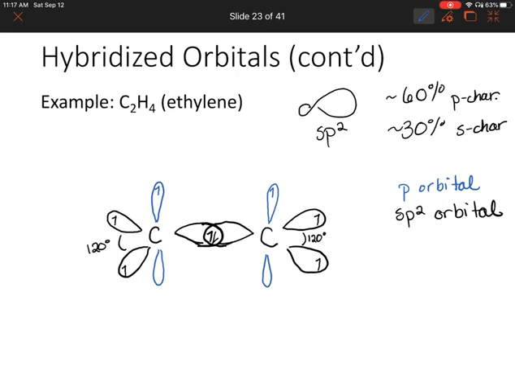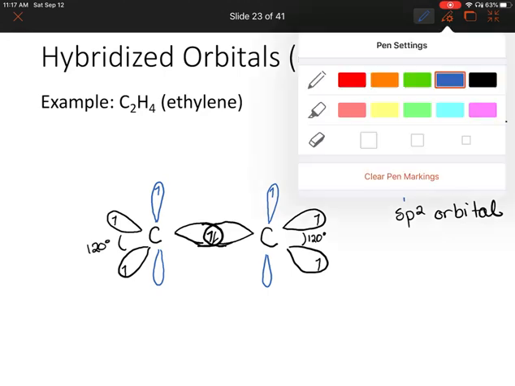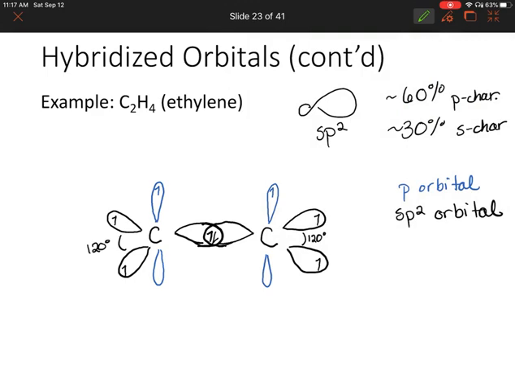So each of the sp2 hybrid orbitals that are left over is going to bond with a hydrogen. Okay, so we're going to draw our hydrogens in green. Okay, so those are our carbon-hydrogen bonds. Now, what about those p orbitals?